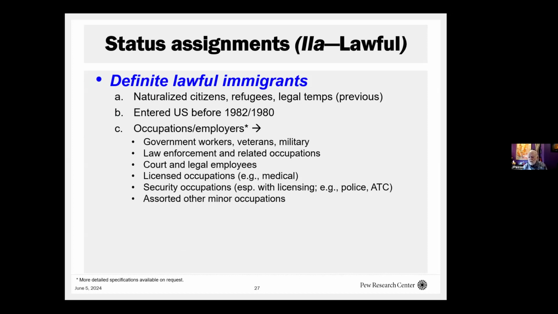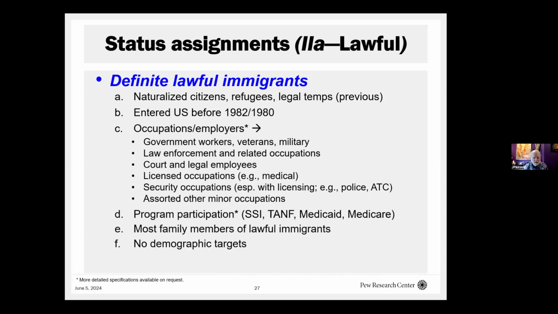We then look at occupations that people have and who they're working for. And there are a host of occupations and employers that basically you need to be legally in the United States. And I can provide more detail if you want this, but basically we go through and tag people for that.